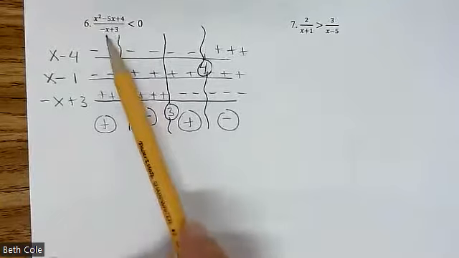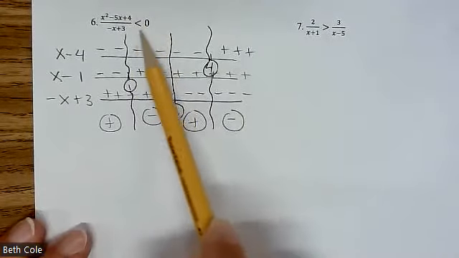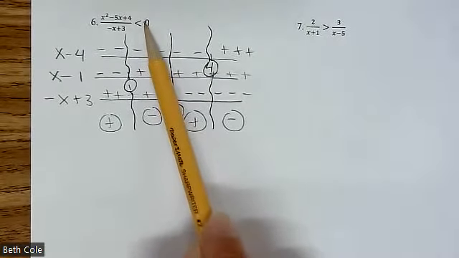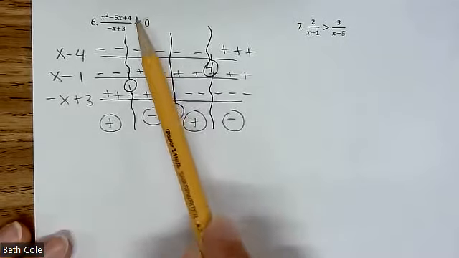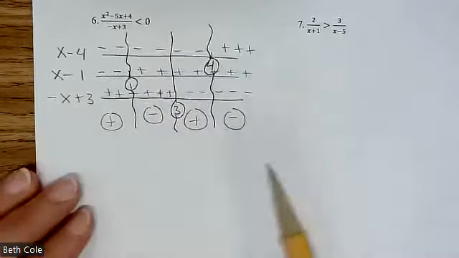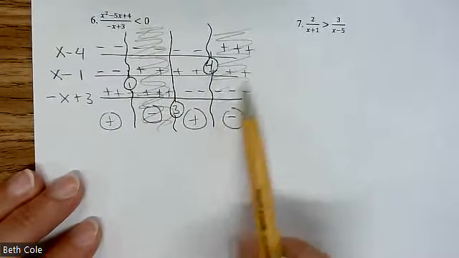Now our troublemaker would be 3. You don't need to worry about it in this one anyway, because what are we going to put for all of our symbols anyhow? Yeah, they're all going to be parentheses anyway. And which sections do we want? The negatives, smaller than 0. So this one and this one.